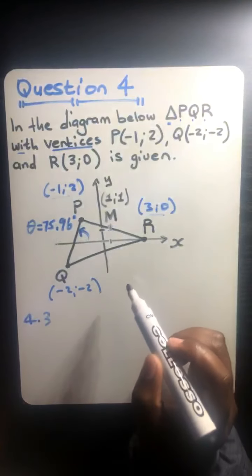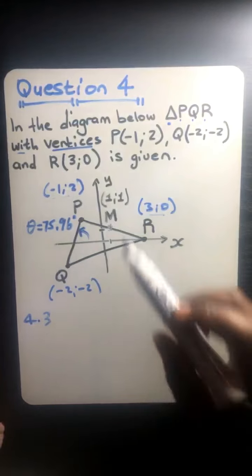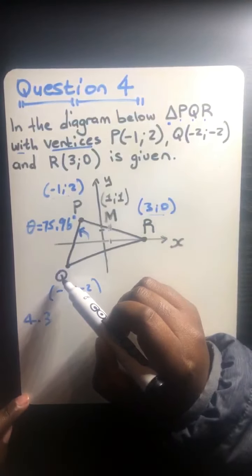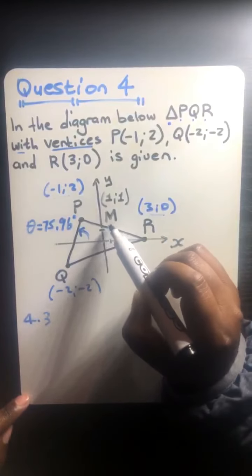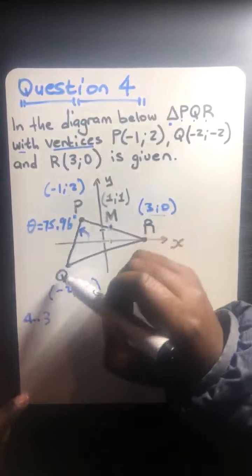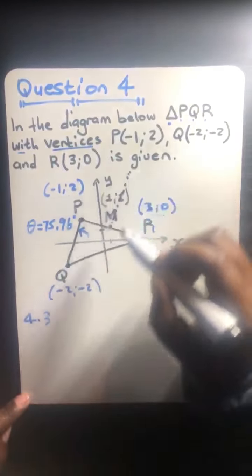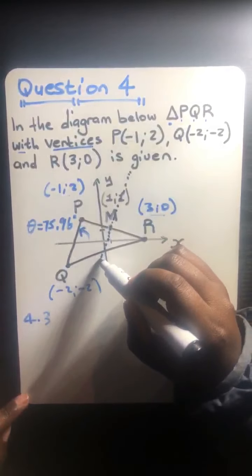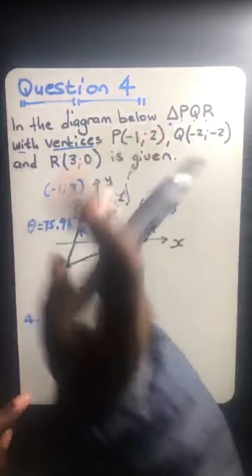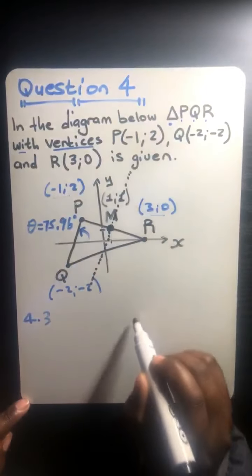In this case, we're talking about an equation of a line parallel to PQ but passing through M. Where is M? There is M. So it has to be a line at that same slope. I'll just represent it as a broken line, the straight line passing through M. I'll show you 2 ways.